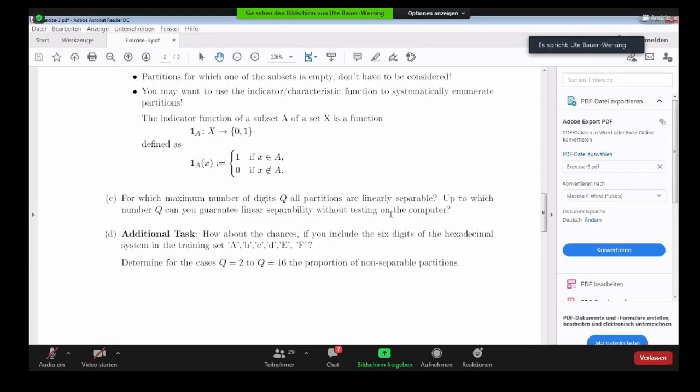If we have 3 digits, what about 3 digits? Who thinks they are separable, so that we don't have to test it?